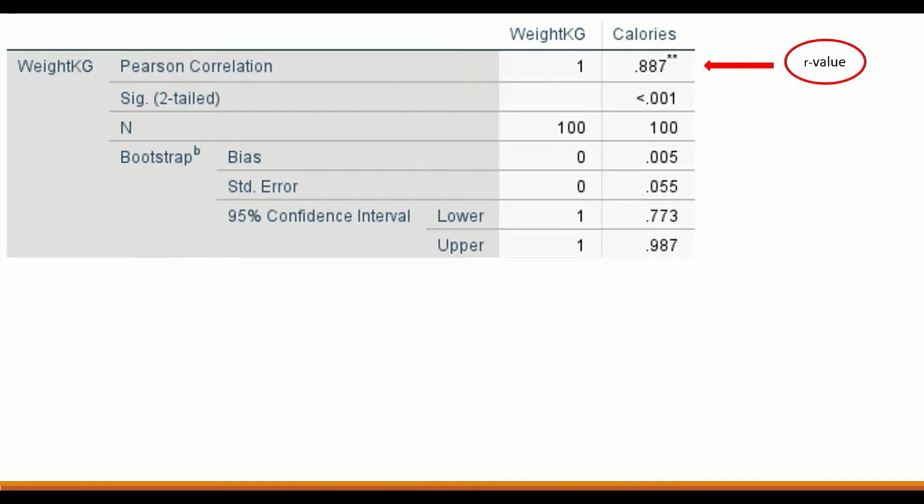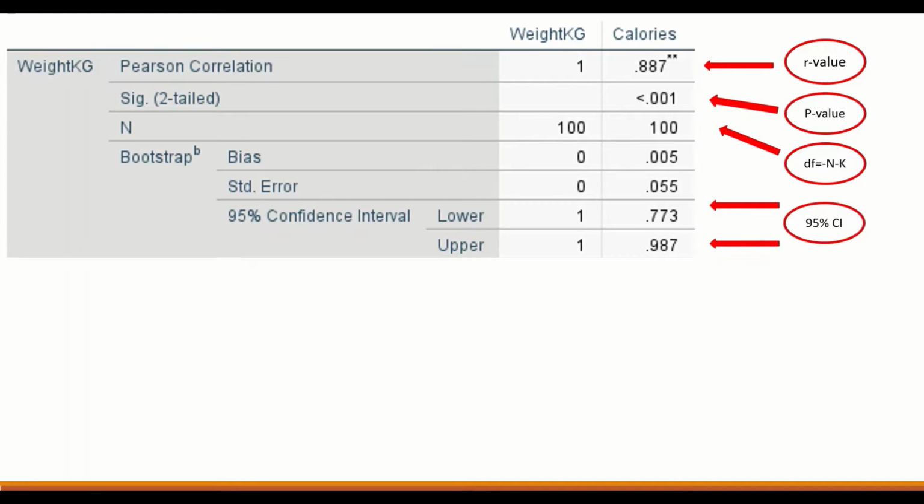The p-value is less than 0.05, and the total number of participants is 100, as shown by this table. The table has also generated a bootstrap 95% confidence interval, with the upper and the lower confidence interval.